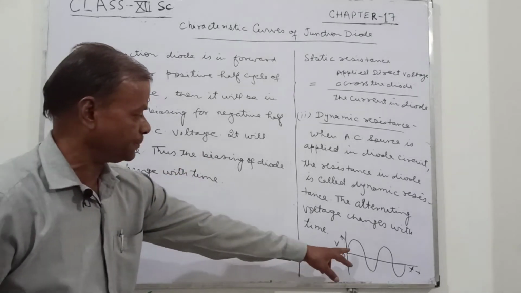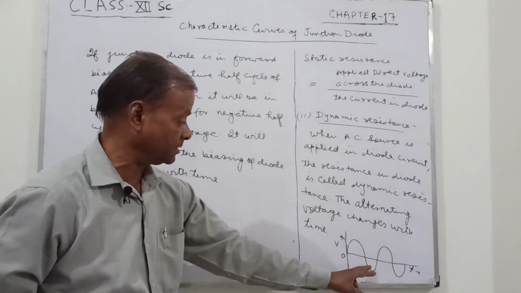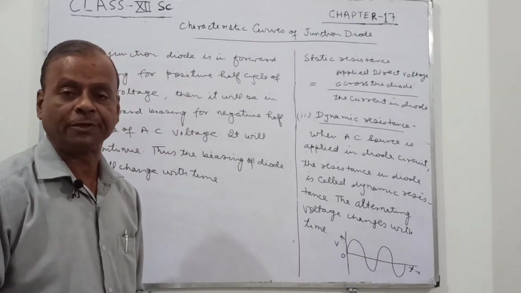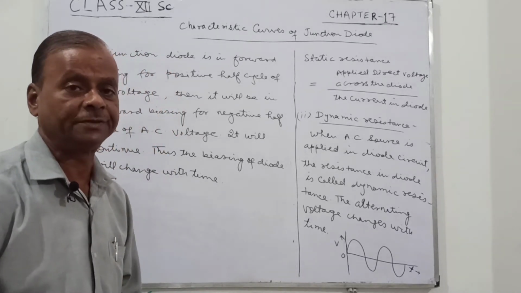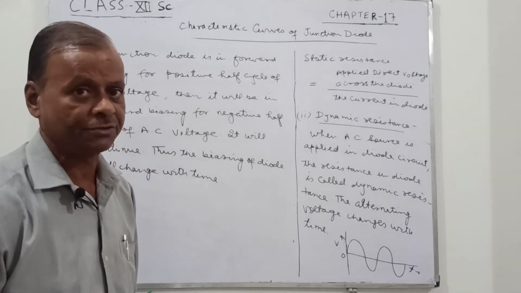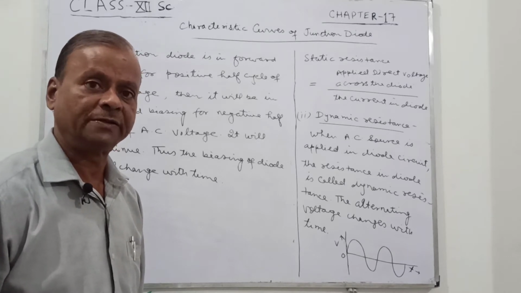So you can see that this positive half cycle, suppose this is in forward, then negative half cycle, this will be in the reverse biasing. So this will change, and because of that the resistance keeps changing, the dynamic resistance. Because of that it is called the dynamic resistance.